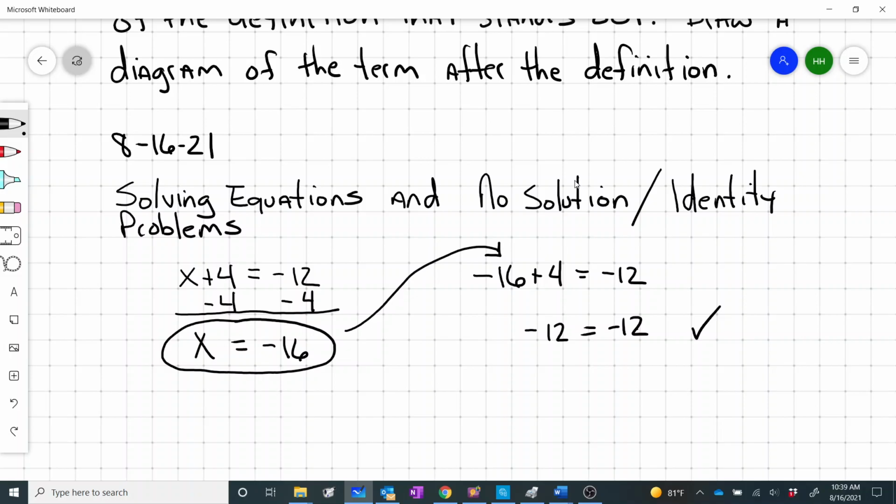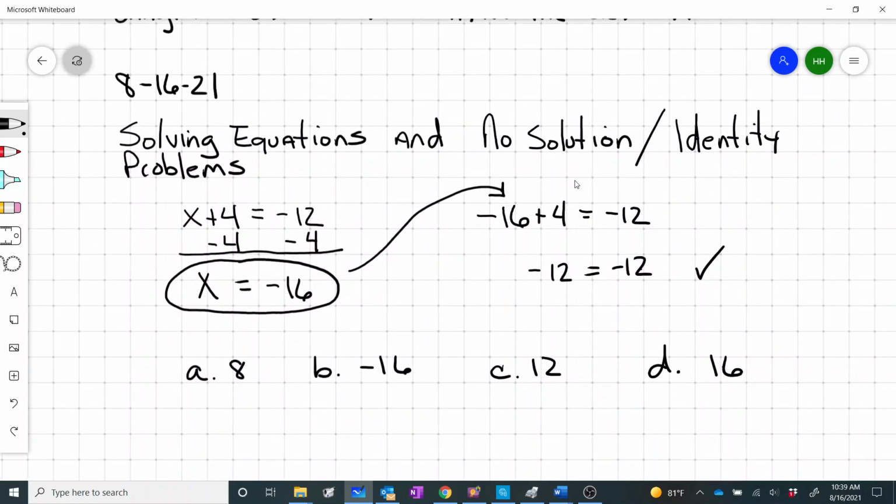If your answer choices here were, maybe A was 8, and B was negative 16, and C was 12, and answer D was positive 16. Well, if you just substitute these answers for the x and never do any math other than check the answers, you'll find the correct answer. Because if I substitute answer A and I get 8, 8 plus 4 doesn't equal negative 12, does it?